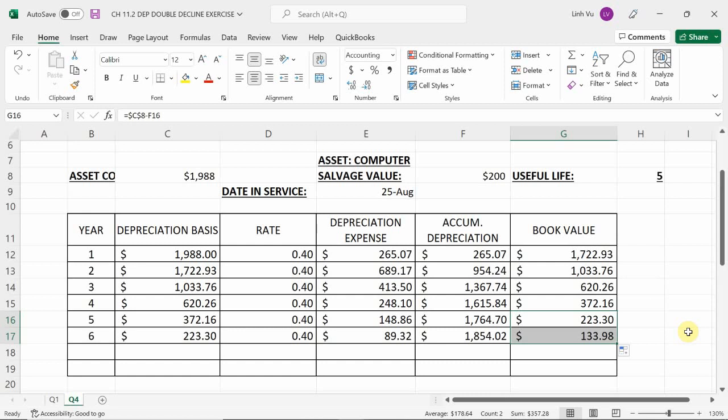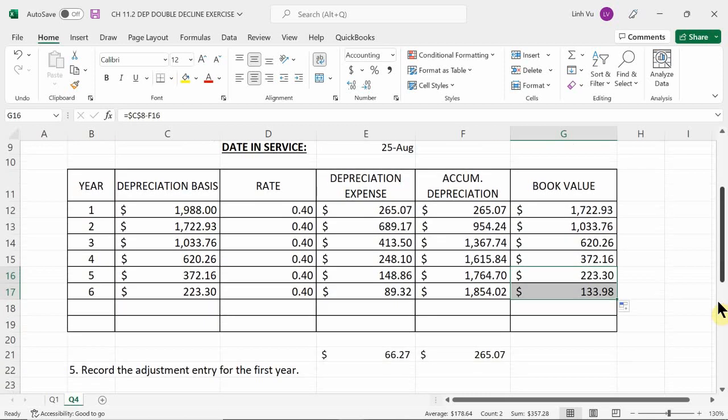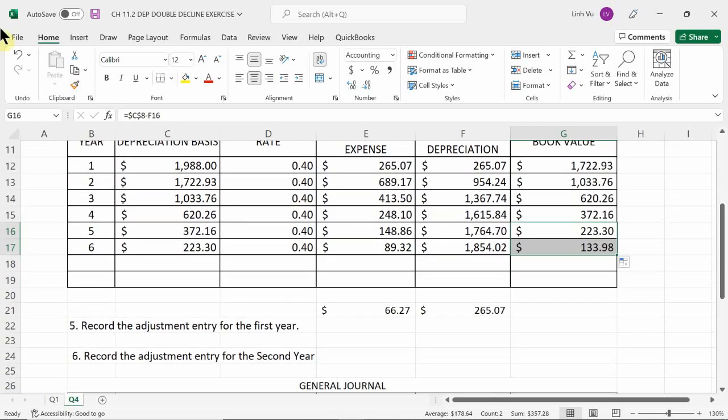No. So that means this isn't true. So I need to recalculate this to get the answer I need. In this case, I have to work backwards.